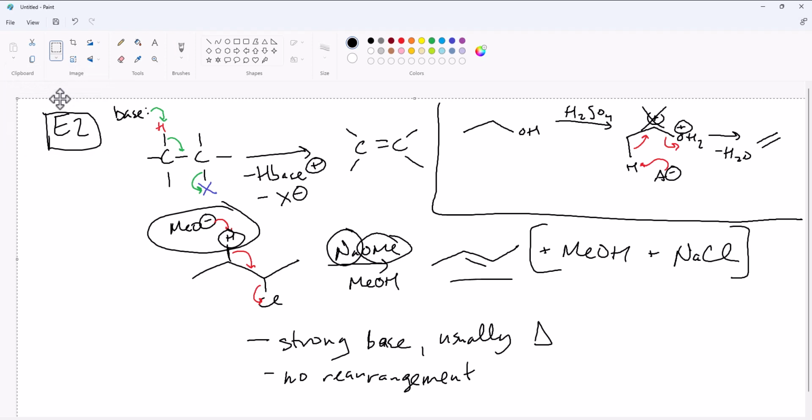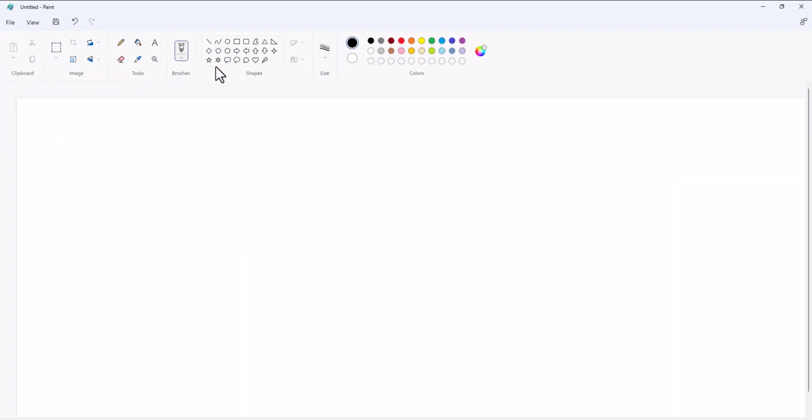So let's examine a few complications that occur with E2 mechanisms. We saw that in E1 mechanisms, one of the complications is carbocation rearrangements. Now, there's no possibility for carbocation rearrangements in an E2 mechanism, but we do run into other issues. So let's look at this reaction here. This is a cyclohexyl bromide, and say I add sodium methoxide and methanol.